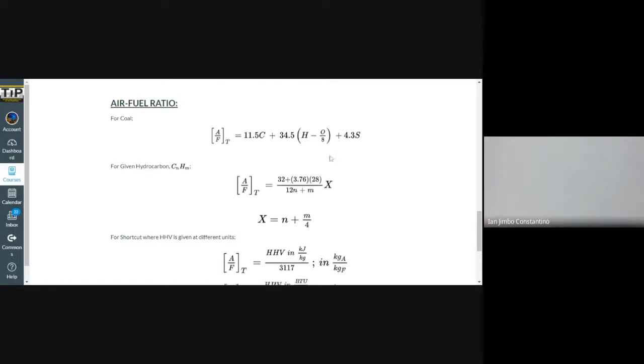For a given hydrocarbon with chemical formula CnHm, where N and M are the subscripts or the number of atoms of carbon and hydrogen, I summarized the air-fuel ratio again.